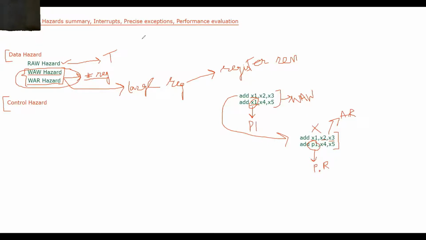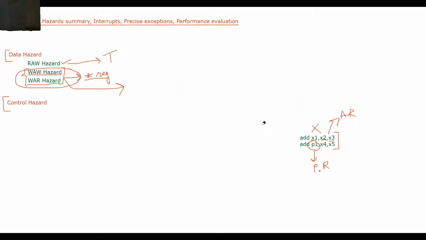Okay, then comes the other dependency. What was the other dependency? The other hazard is a control hazard, and we know that control hazards are there because of branch instructions.